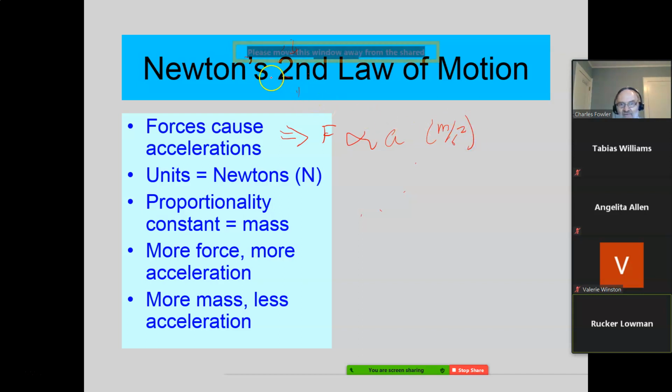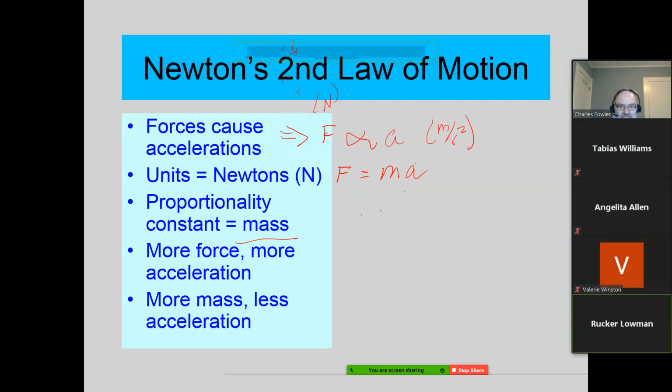Okay? And this over here is a Newton. They haven't told us what a Newton is yet, but we'll get it in a minute. What is the proportionality constant? You can change that proportionality to an equal K. Well, now it's not K, it's F equals ma, where m is the mass of the object. That's your proportionality constant.